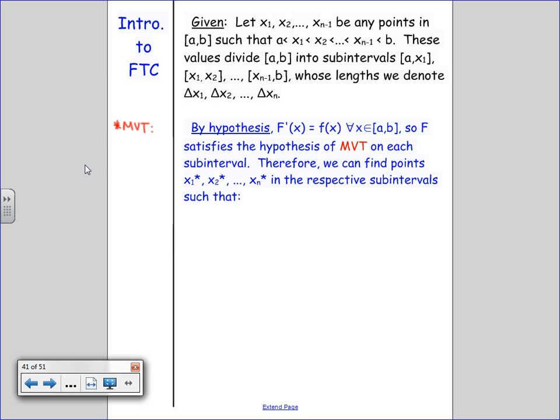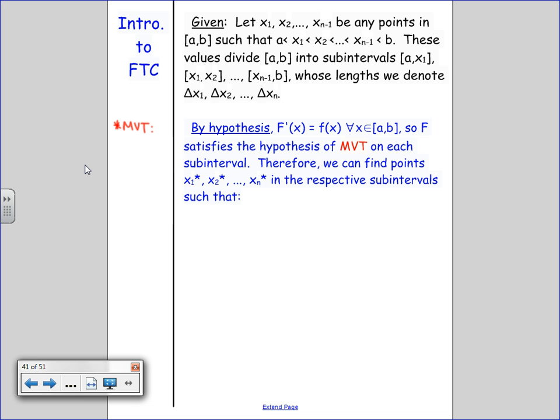And by looking back to the mean value theorem, peek at it tonight, we can resolve the two and figure out how to solve any definite integral given that we can find the antiderivative.